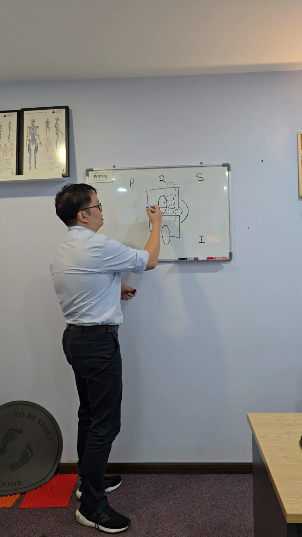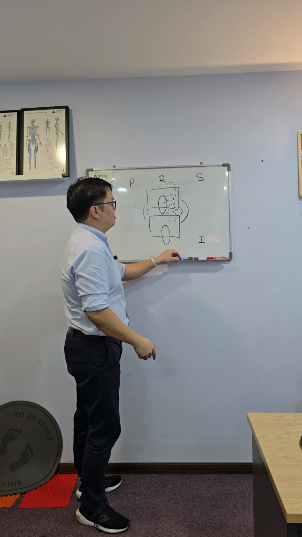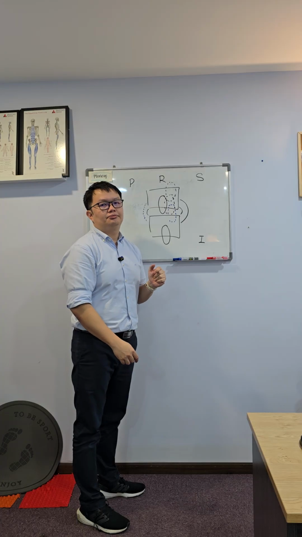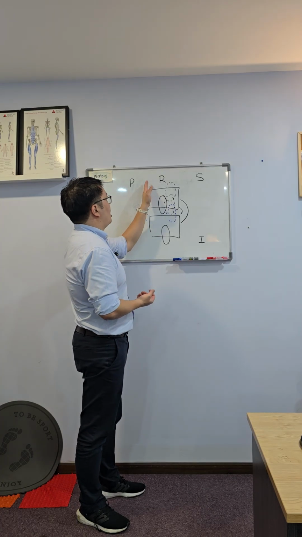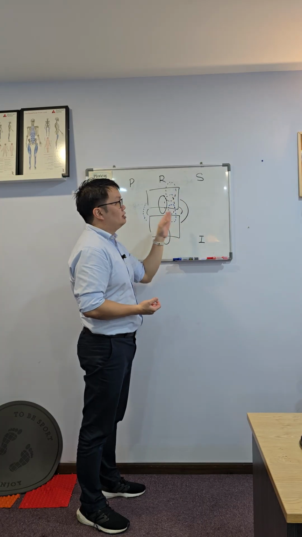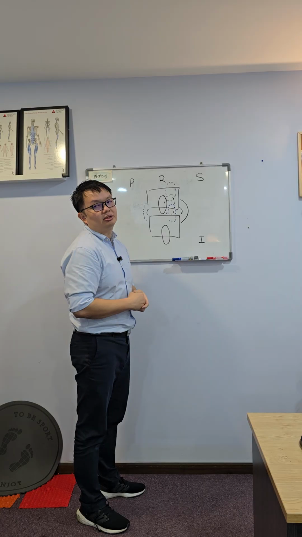So we have the left side that is a little bit more convex. So as I mentioned before, your manipulation then has to be coming from the left hand side. Okay, there's another theory. So we have learned PR, S or I, PL, S or I, in the lumbar spine.